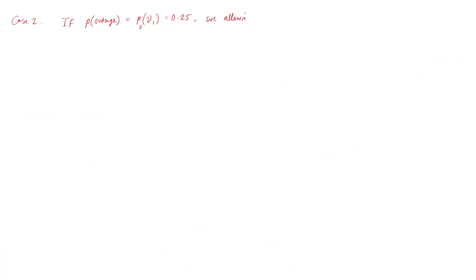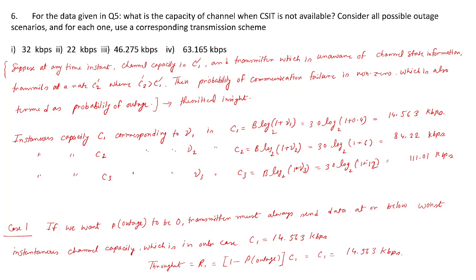Another point of view is that we allow only gamma 1 to go in outage. So if the transmitter is always going to send at a rate equal to or below this C2, which is 84.22, what is going to happen?